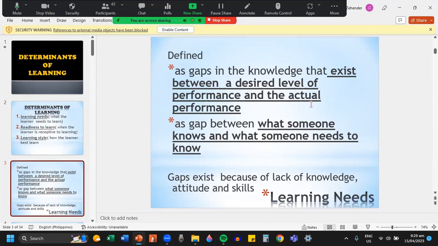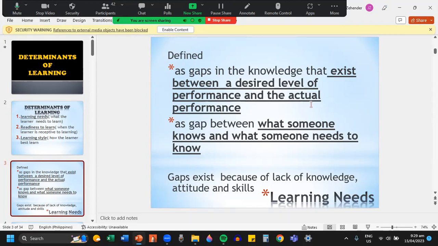Let's say, for example, one of the best examples that we are going to use again and again is yung funda ninyo. By now you are already used to having lectures of funda and then followed by your return demonstration.